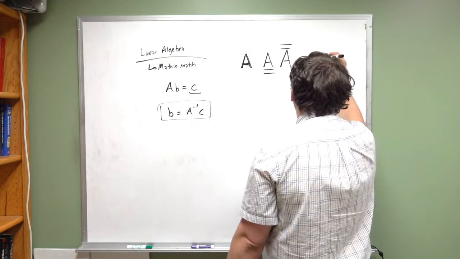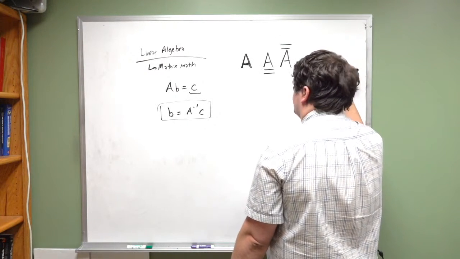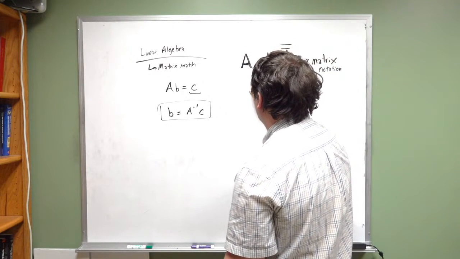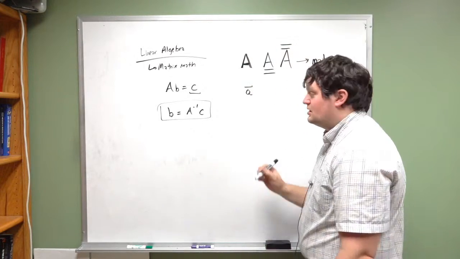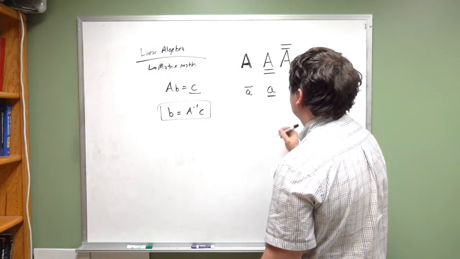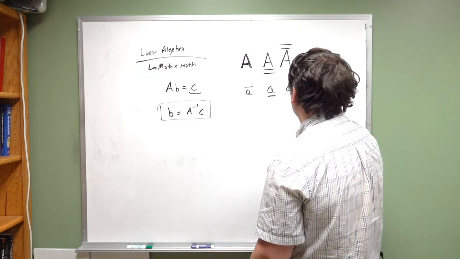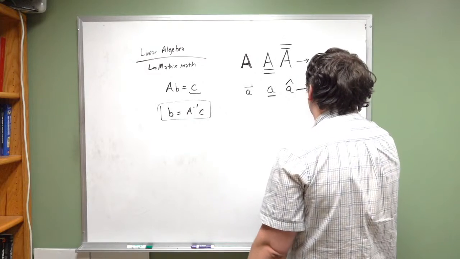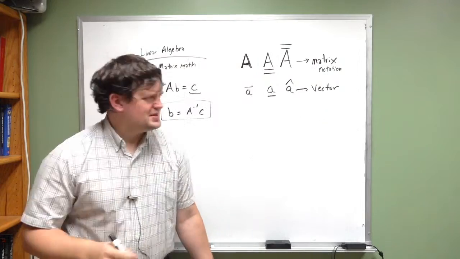So these are matrix notation. Similarly, if you have a little a with a bar on top, a single bar underneath, or a hat on it, this signifies a vector.